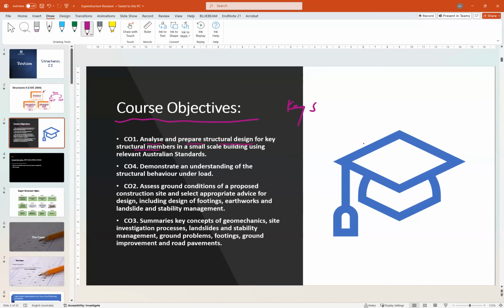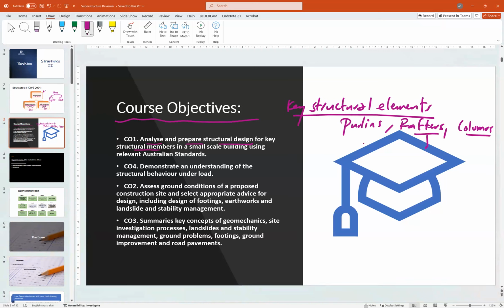The key structural elements designed in this course are purlins, rafters, and columns. We know how to design in detail the rafters and the columns, especially in weeks 9, 10, and 11, using the relevant Australian standards.